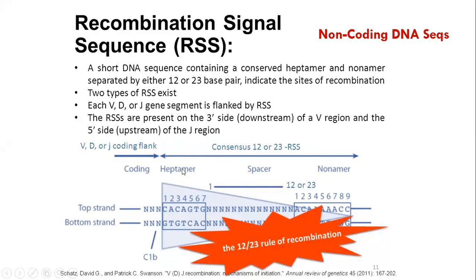The first one is called the heptamer, and then the nonamer; nonamer is 9, hepta is 7. They are consensus sequences, common to all antibodies. They consist of this CA 7 nucleotide, 9 nucleotide. They are present from 5' to 3', and in between separated by a 12 or 23 spacer.